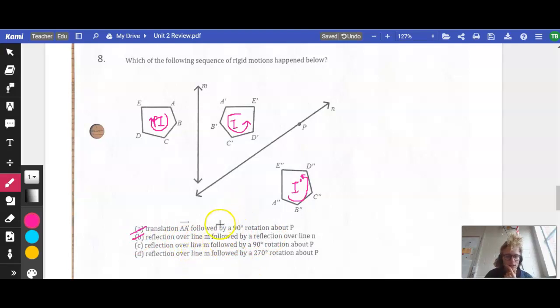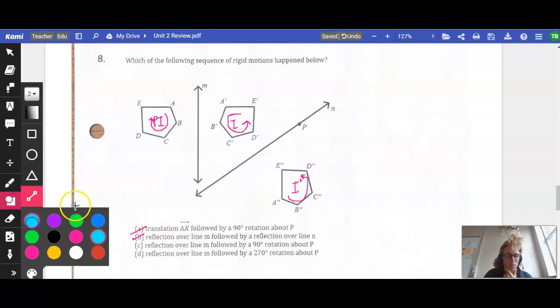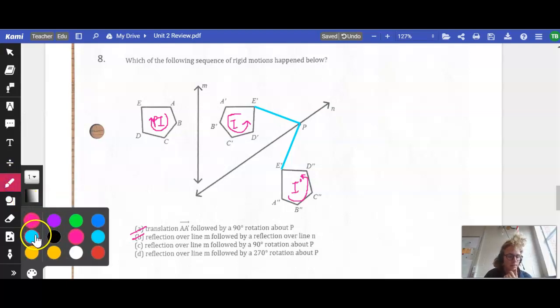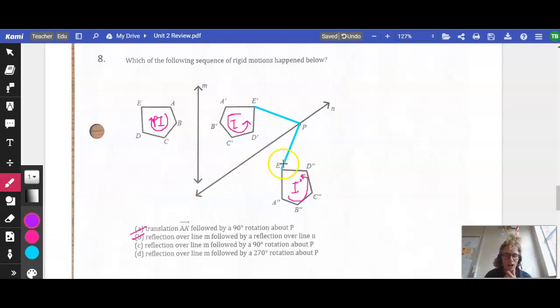Now, we have to tell whether a rotation of 90 or a rotation of 270 occurred. First step would be to draw a line between your pre-image and your center of rotation, and your image. We can see that it's 90 degrees, but we can't really tell if it's 90 or 270. Remember, positive is considered counterclockwise.